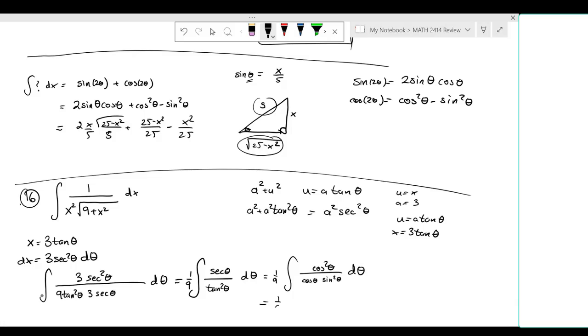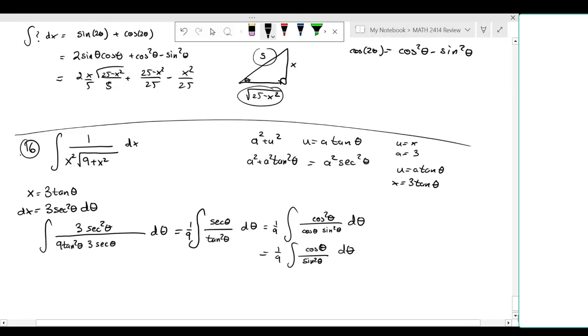So unlike the previous example we tried, this actually is, you can just use a u sub here. Right, in our u sub, we let u equal sine theta because we see the derivative of sine there.